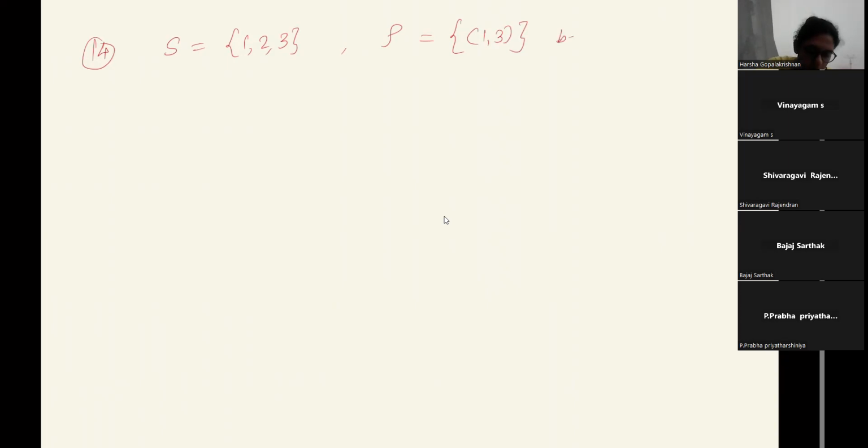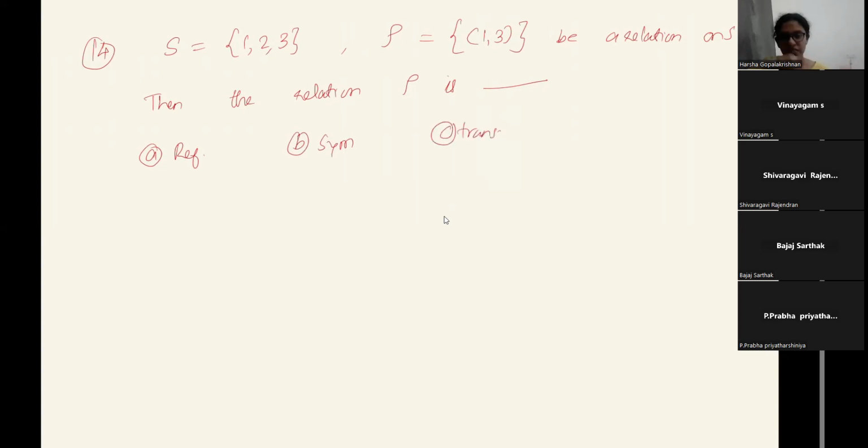Let rho be a relation on S. The question is whether it is reflexive, symmetric, transitive, or an equivalence relation.